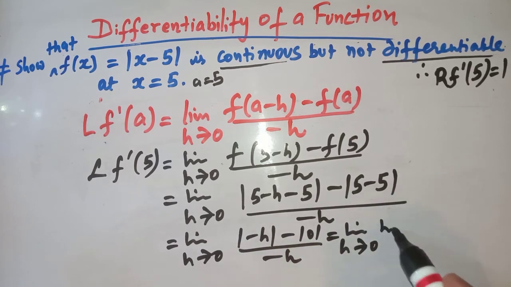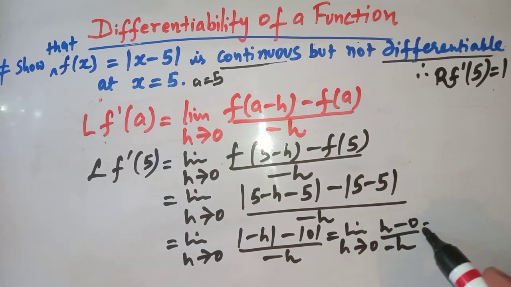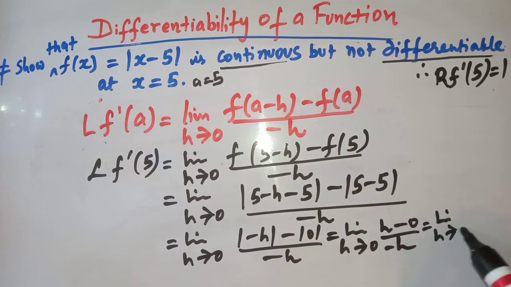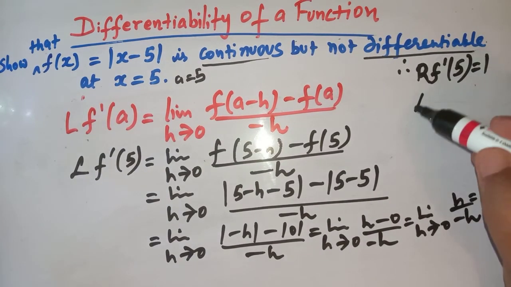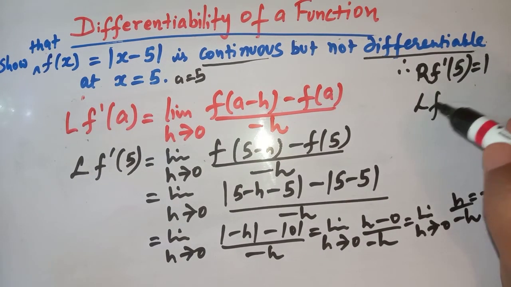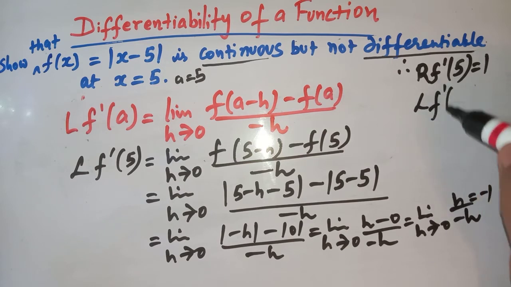Mod of minus h is simply h. So this is equal to limit h tends to 0, h over minus h. So h gets cancelled and we have minus 1. Clear? So we have the left hand derivative, f prime of 5, is equal to minus 1.